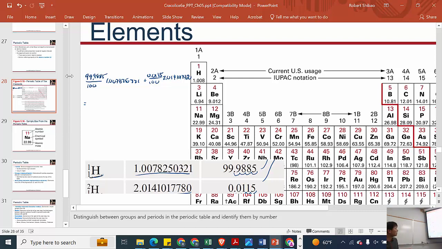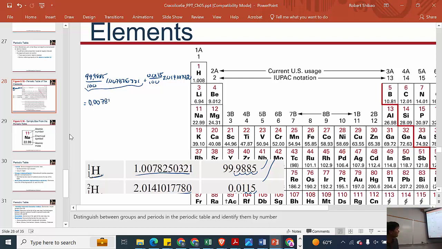How many sig figs am I allowed in this first calculation? I'm allowed 6, correct. I have 6 sig figs in the numerator, infinite sig figs in the denominator, and more than 6 in this number, so I'm going to have at least 6 sig figs. So I'm going to go 0.00782.